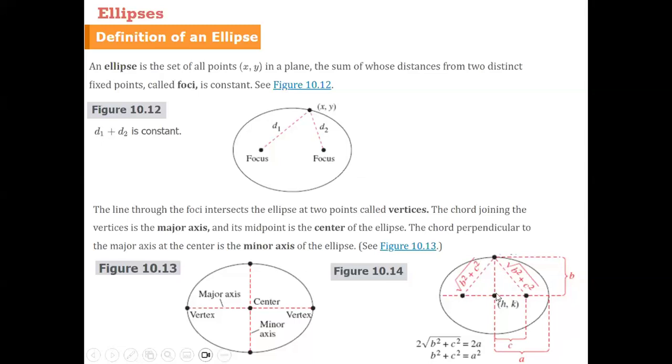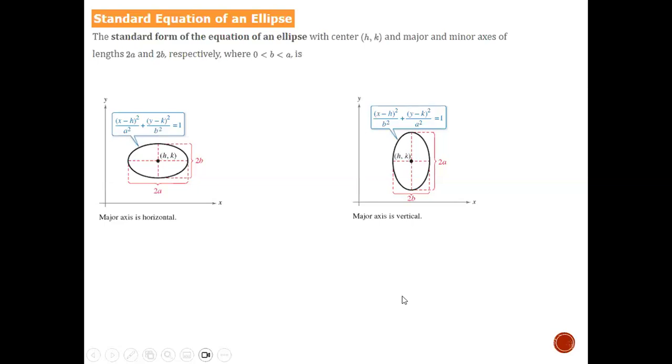From the center up to the end of the ellipse on the minor axis, that value there is going to be b, okay? And so we have some of the formulas that we're going to use. If you take this length right here, it's b squared plus c squared. We're also going to use at the end that a squared equals b squared plus c squared. We have that information that we're going to be using for our ellipses.